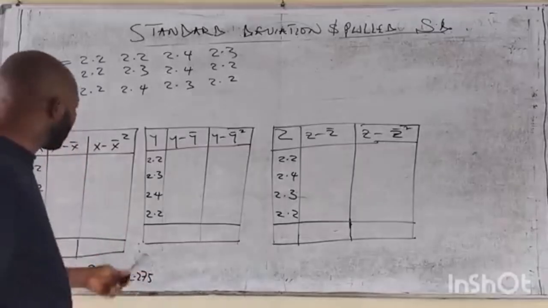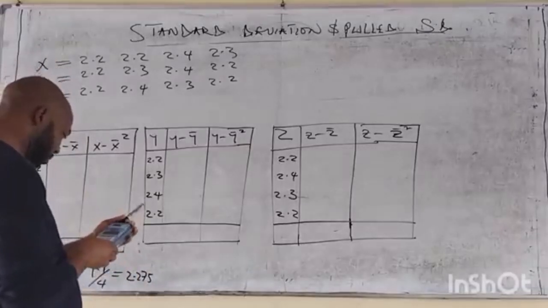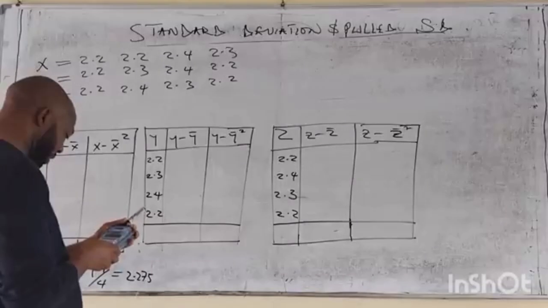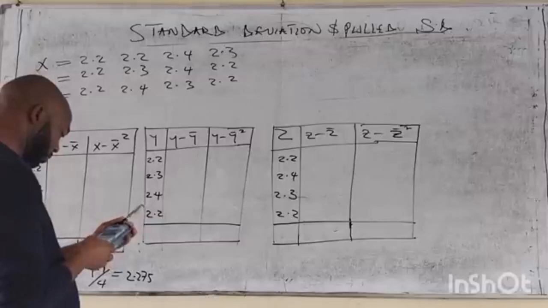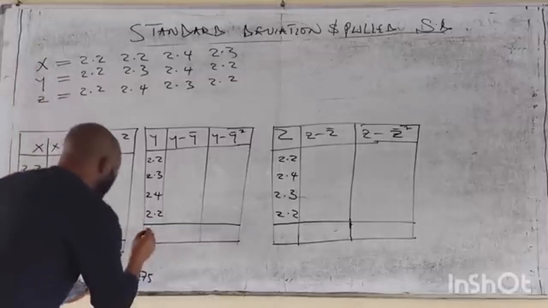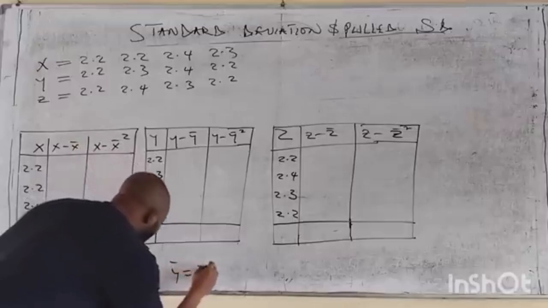So let's see what happens here too. 2.2 plus 2.3 plus 2.4 plus 2.2 is 9.1. So our y bar is the same thing, 2.275.